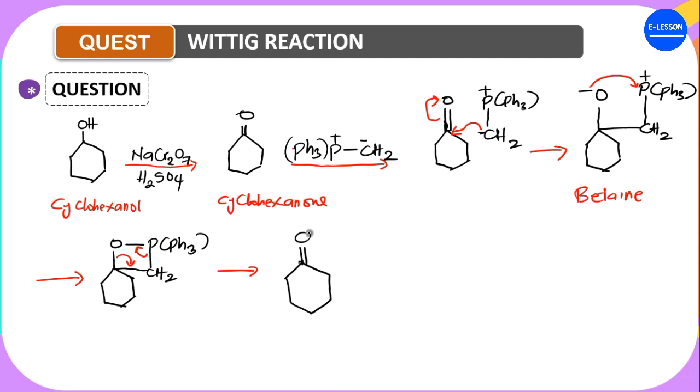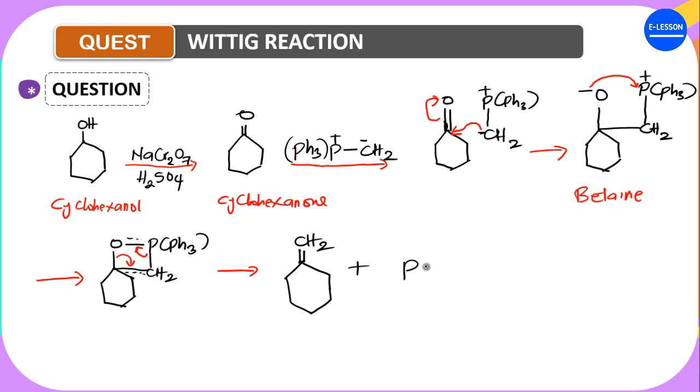True or false? It is true, because this now forms a double bond here. I'm trying to avoid writing a double bond going this way, as it doesn't make much sense, so you put it on top. Orientation does not really matter here unless you are talking about stereochemistry. Are you getting it now? Plus, what are we going to form here? Of course, a double bond will be formed, which is the triphenylphosphine oxide.